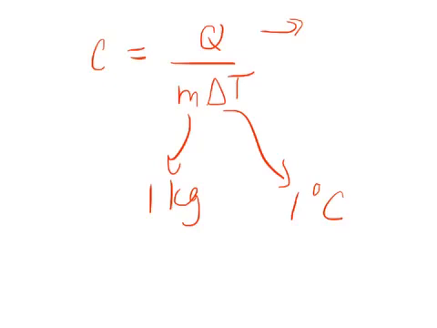If those are both 1, we get C equals Q over 1, really. So C is simply the value Q needed to raise these both by 1.